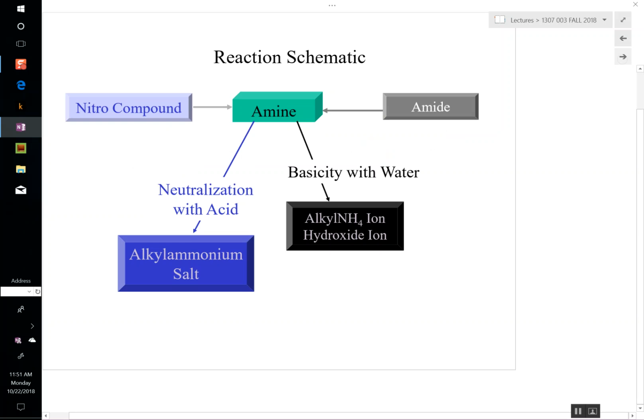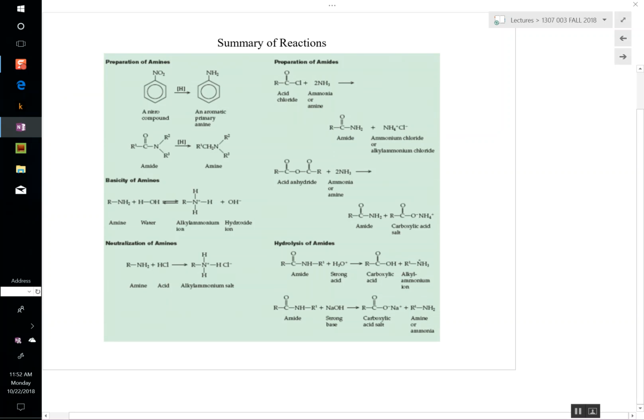Reaction schematic. Let's go to... Okay, so this is chapter 15. At the end of these slides, I have the ending slide for chapters 15, 14, and 13, kind of as a place where you can go and look at all the reactions that you should be able to carry out.